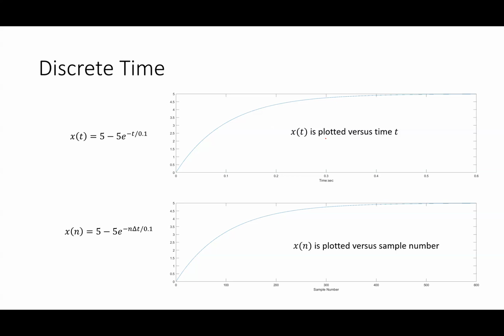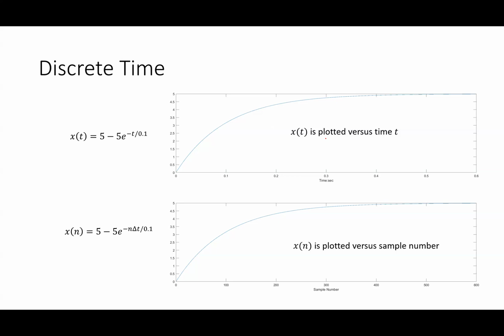Well, the functions themselves are the same on the y-axis. You're saying this is 1,000 times bigger here. That's right. Basically, what I'm plotting here is the sample number. What I'm plotting on the top is the time.